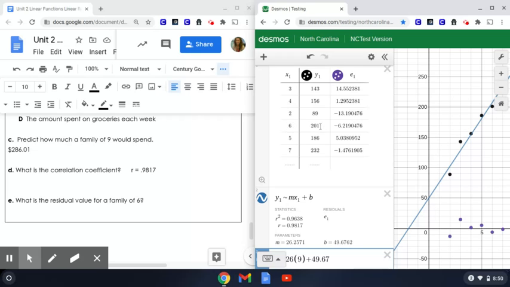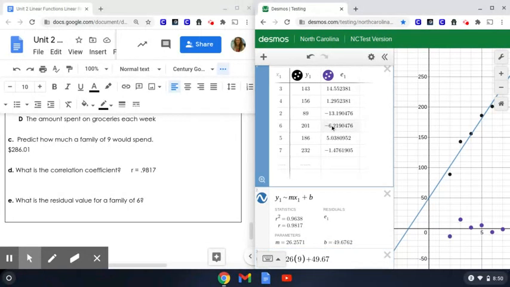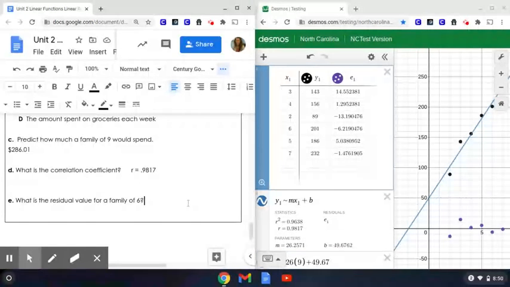It was $201, but the prediction for that was apparently a little bit higher. So we're going to use the residual value right here beside a family of 6. And that residual value is going to be negative 6.21, or we'll just say 22.